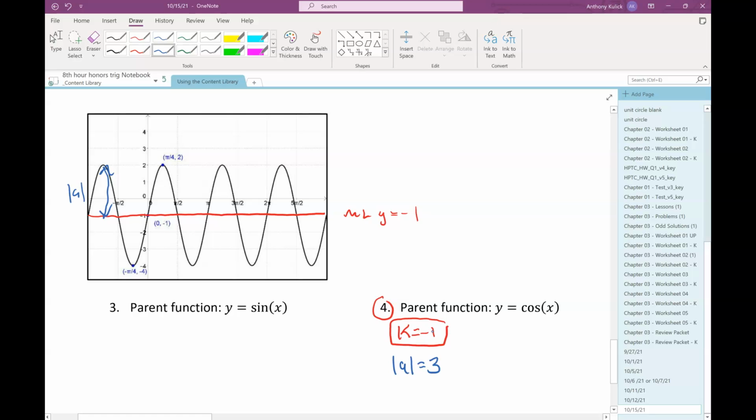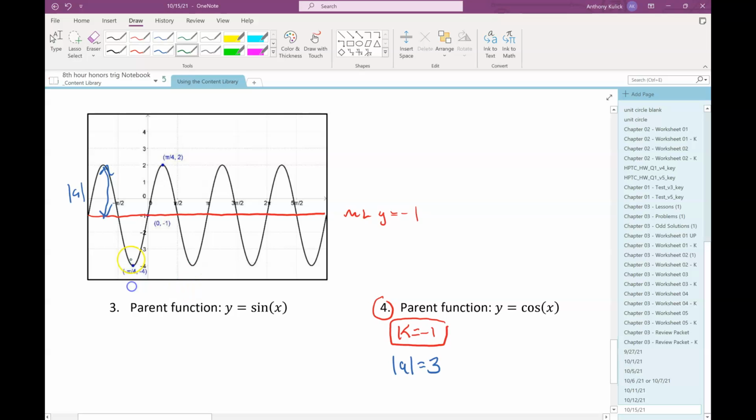Okay. The next thing I'm going to do is figure out the period. The period goes from an extreme point to another extreme point. Unfortunately, that's not on a grid line, so maybe it's not easy to tell where that other hump is.